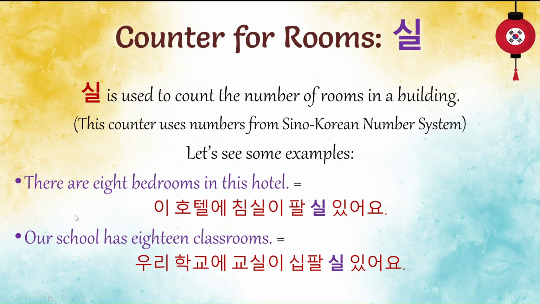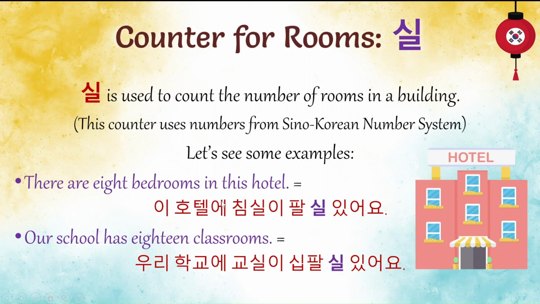The first example is there are 8 bedrooms in this hotel. 이 호텔에 침실이 8실 있어요. This hotel, 이 hotel. Bedroom is 침실. 8 in Sino-Korean number system is 8.